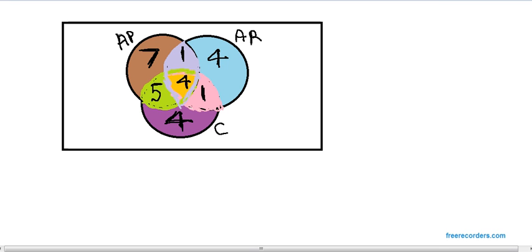And finally, we want to figure out what goes in the outside portion of the Venn diagram, what I just shaded in yellow. And to do that, we're going to use the fact that the problem says there's 27 students altogether. Well, how many do we already have in the diagram? We have 7 plus 1 plus 4, reading across the top.